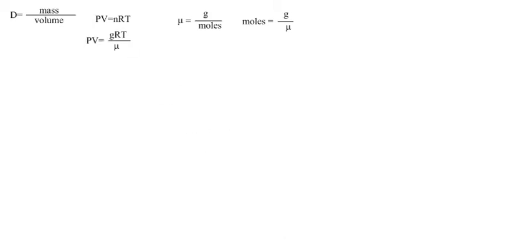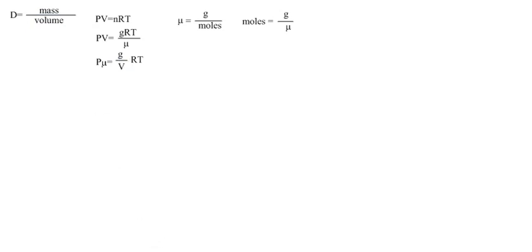Where I had n before, I'm going to substitute in grams over molar mass. I'm going to rearrange this a little bit and get it so that I have grams over volume, which is our definition of density. Mass over volume, grams is a unit of mass.